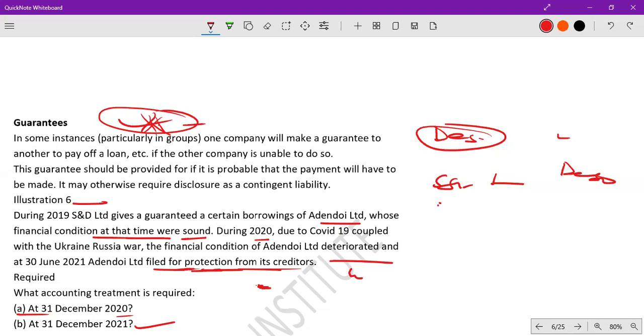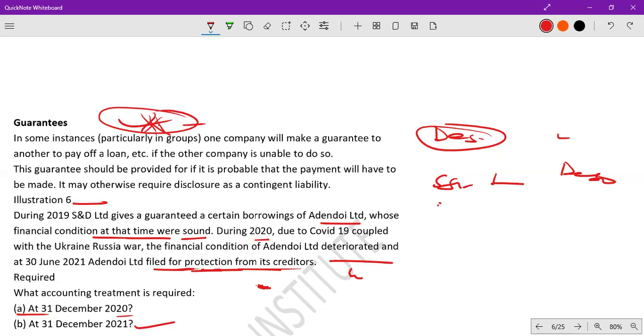Please, in case of the death of I, how would the recognition be? The question will give you the loan amount that he has guaranteed. So that is the amount that he will personally be held liable for.